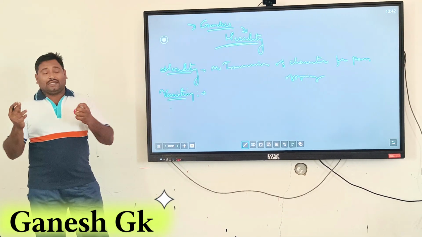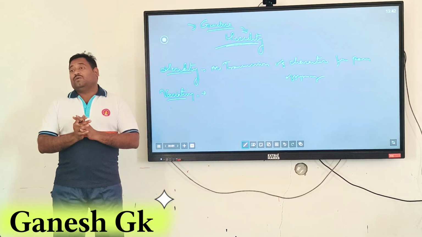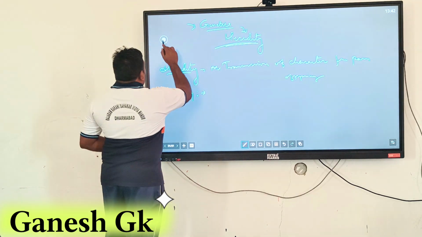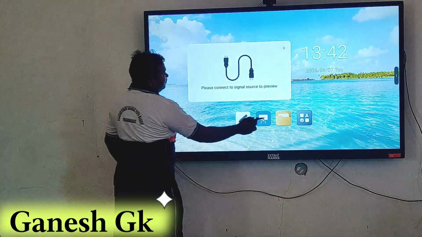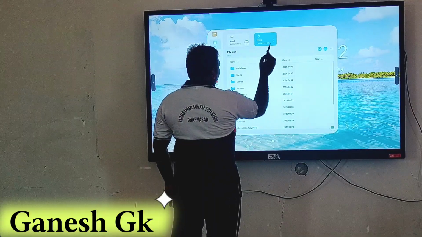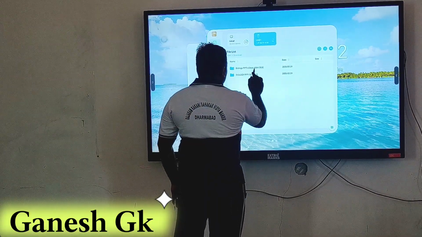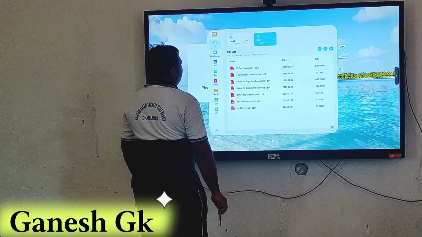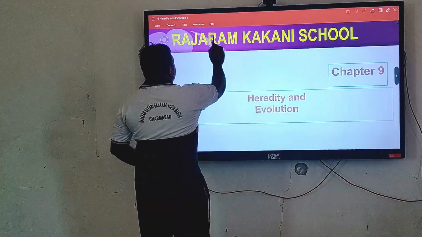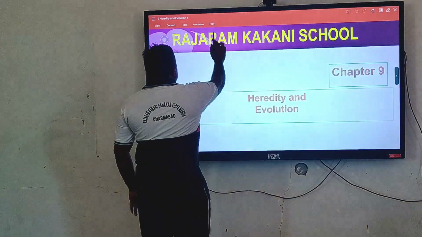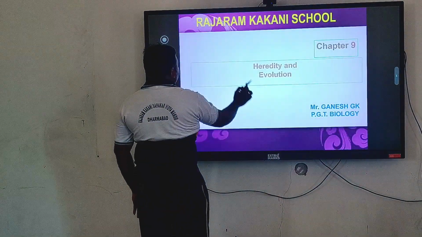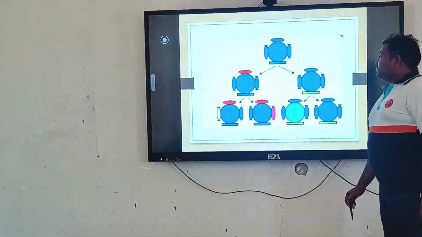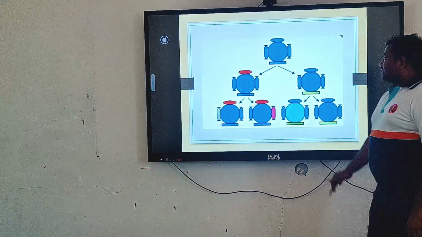You need to understand it in detail with the help of some objects. Here you can see one picture, and this picture depicts how the character is transformed.